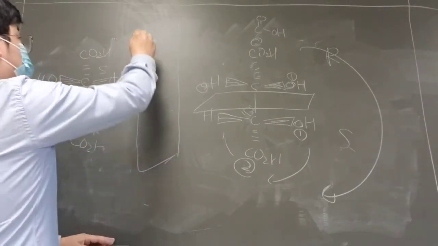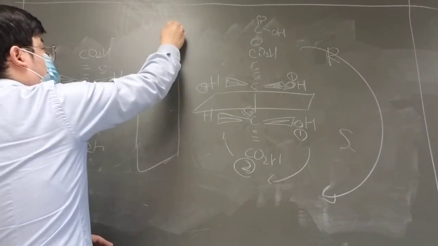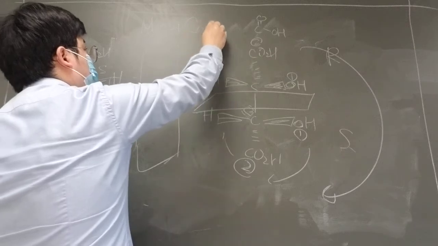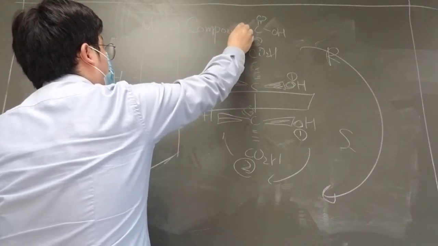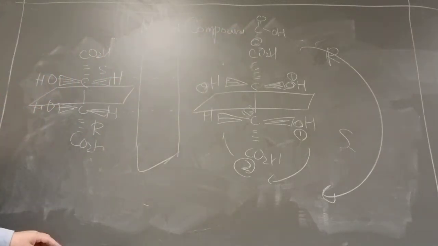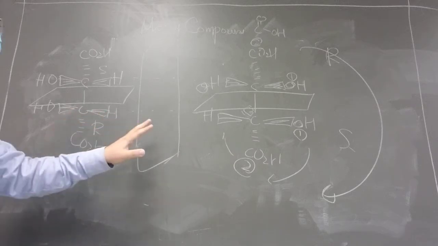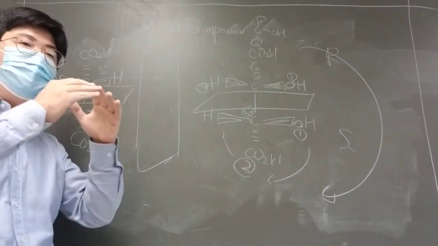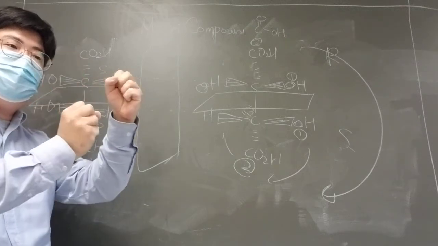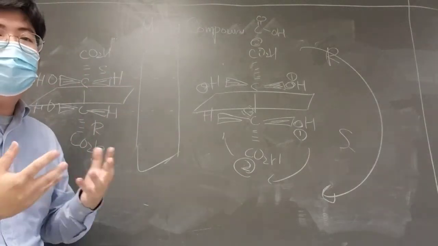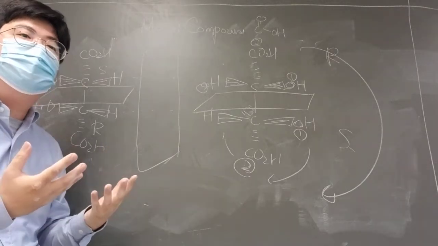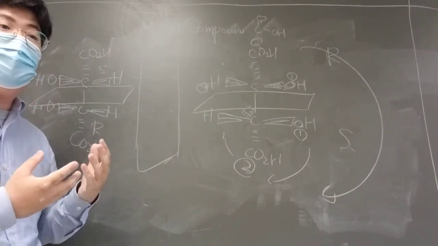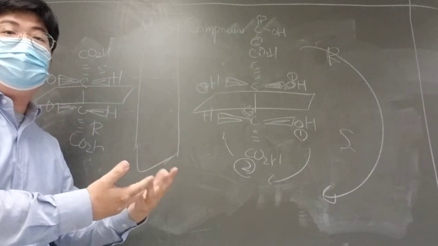So we call this a meso compound. Whenever you see 2 chirality centers, if you can make some symmetrical plane on those 2 chirality centers, you can say, oh, this might not be a chiral compound, but achiral, because it'll be a meso compound.